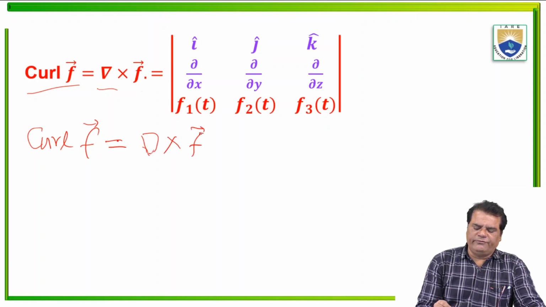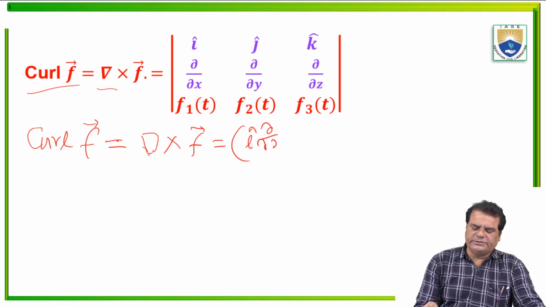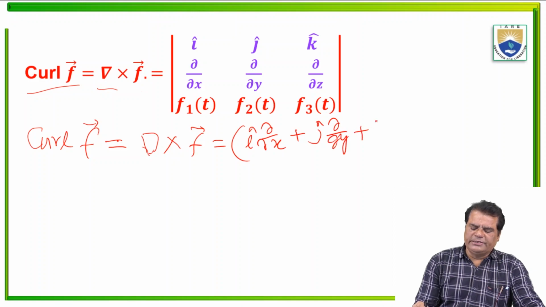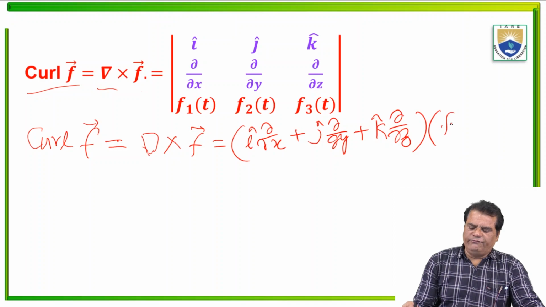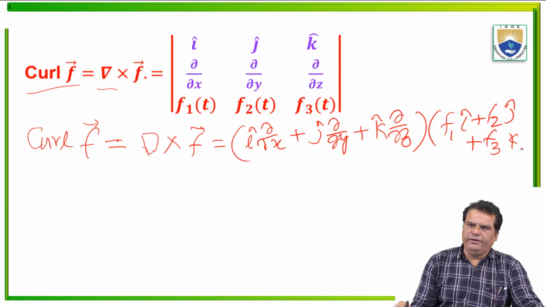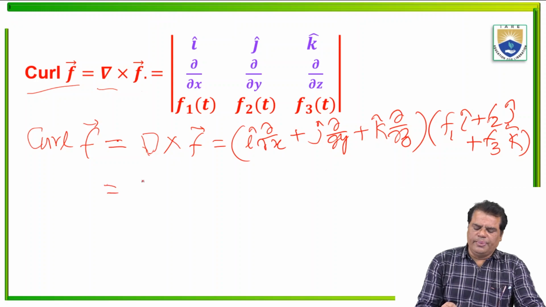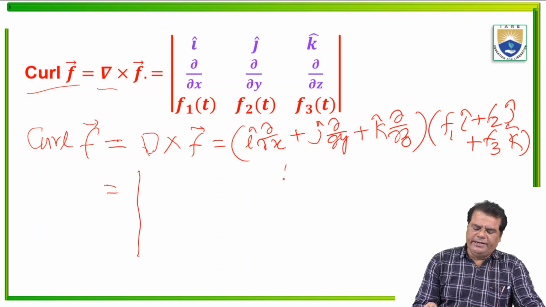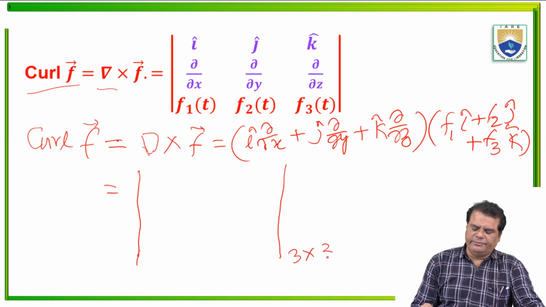Del cross f. This is i dou over dou x plus j dou over dou y plus k dou over dou z, and f1 i plus f2 j plus f3 k. Now this is represented by a 3 cross 3 determinant.